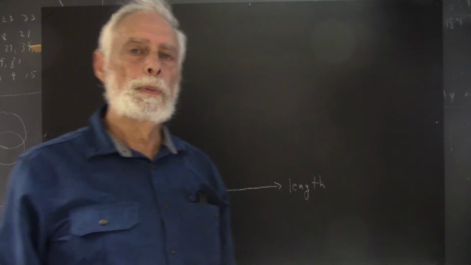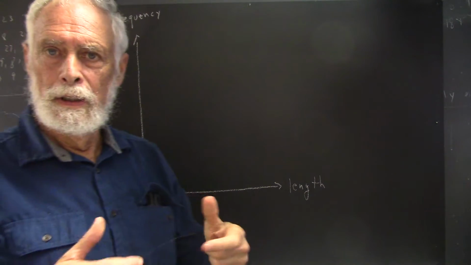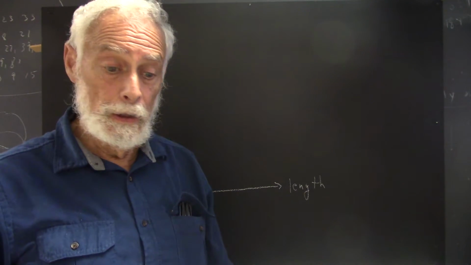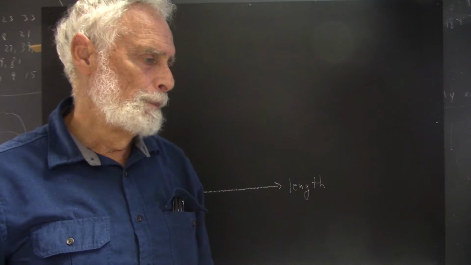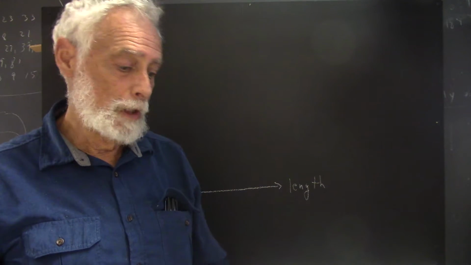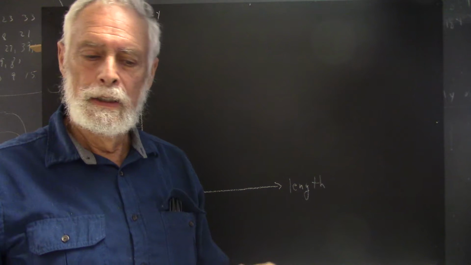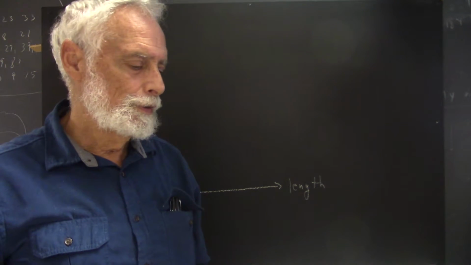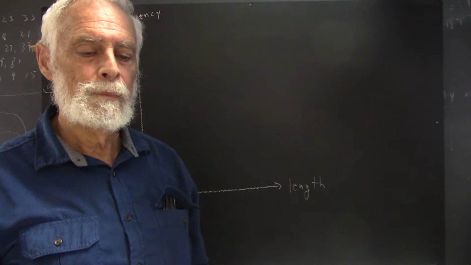Now, I will observe that people are pretty bad, especially the groups of high school age that I see, at counting accurately. They don't seem to be able to count 50 to 100 cycles or half cycles accurately.